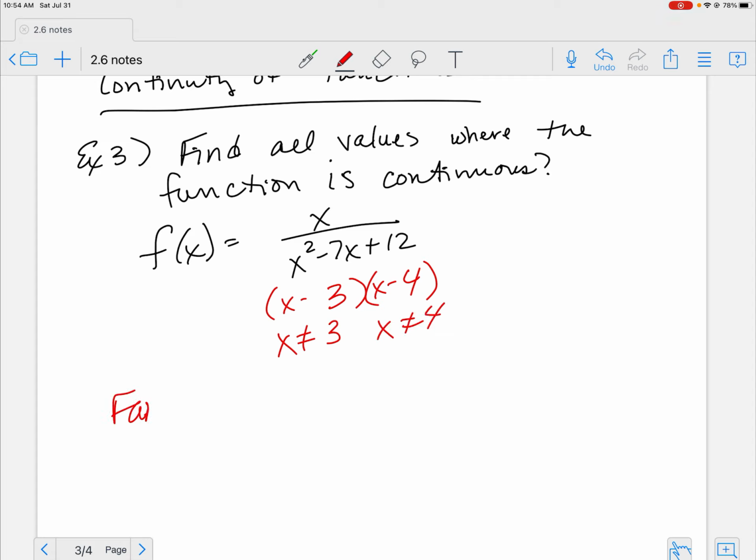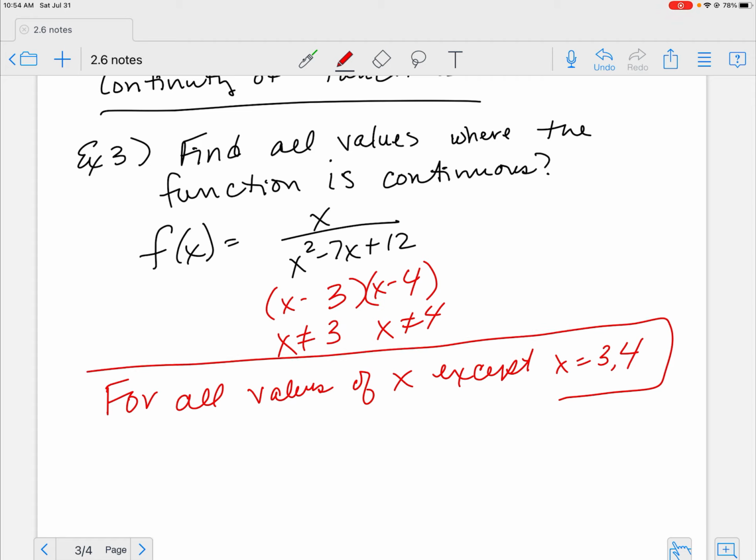So this is for all values of x except where x is equal to 3 and 4. Right? Okay. All right, set notation.